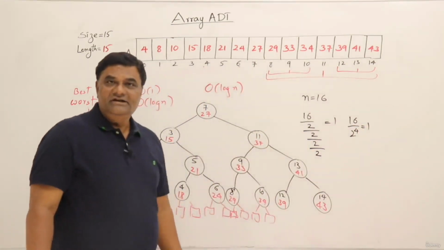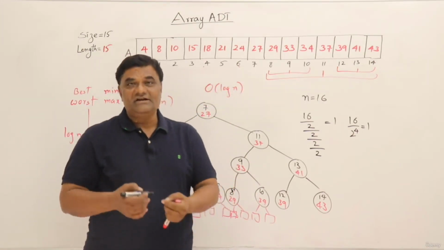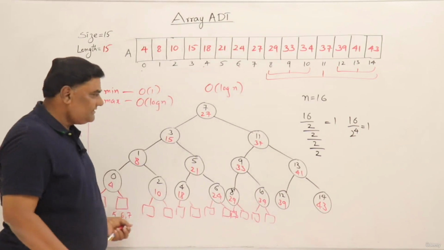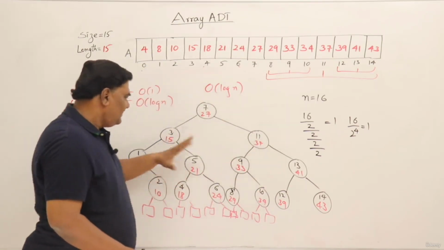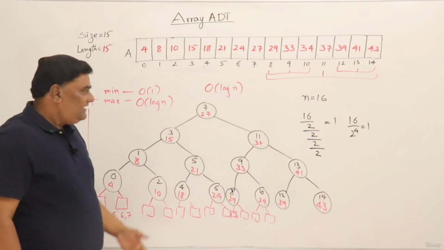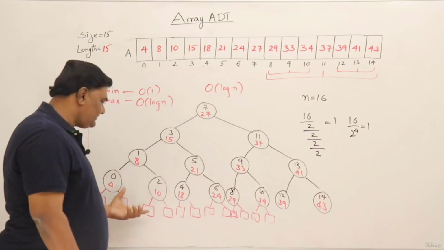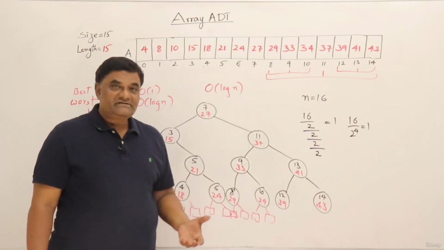So that's all. It means this list will be divided 4 times to finally reach a single element. These were a total of 16 elements; take this half, then this half, then this half, then we got just one element. Either our search stops here or at last it will stop here. So this is 4.